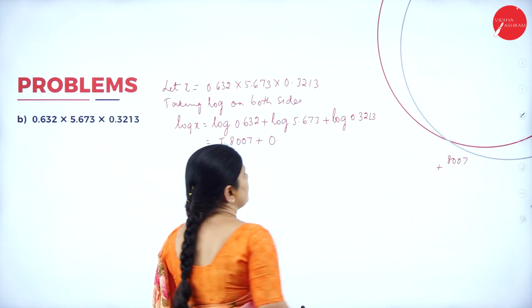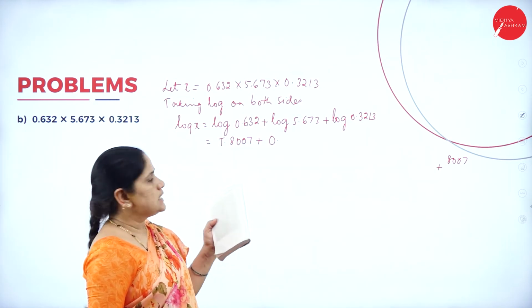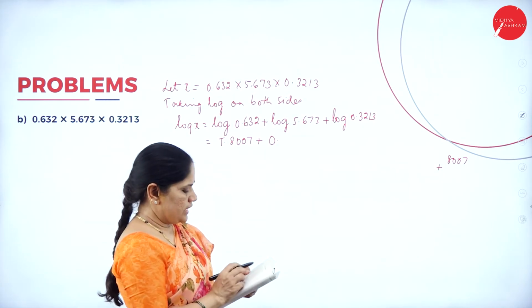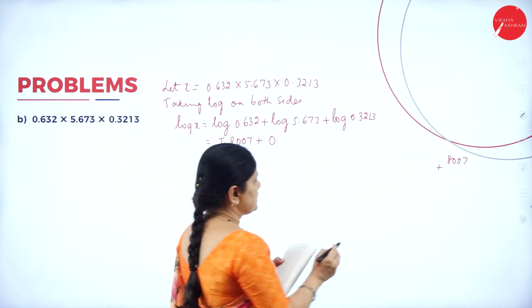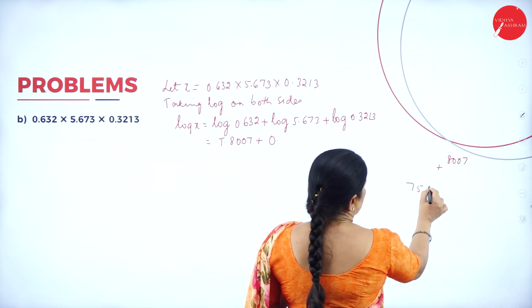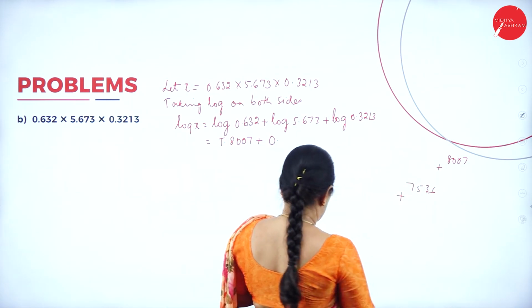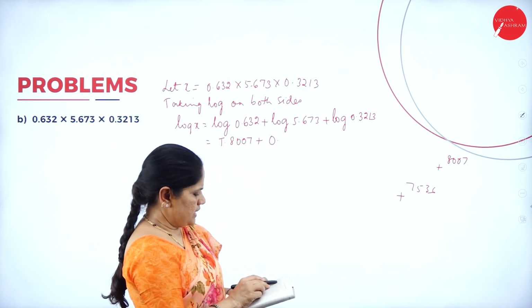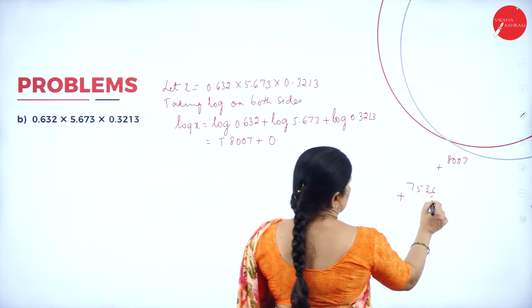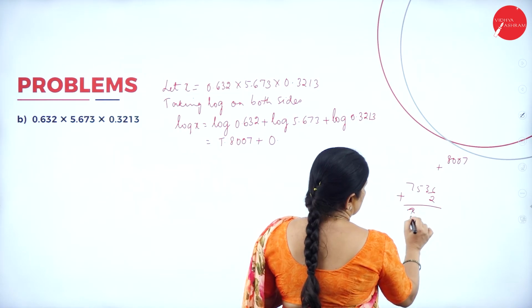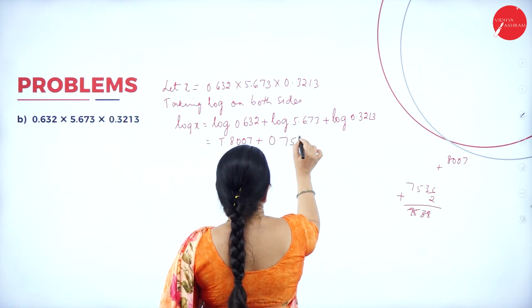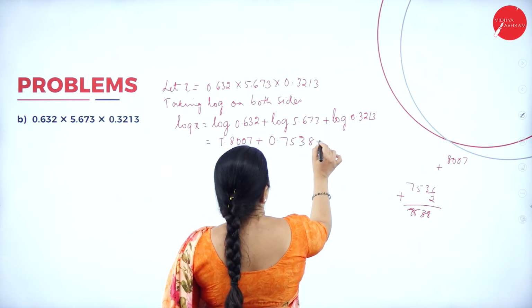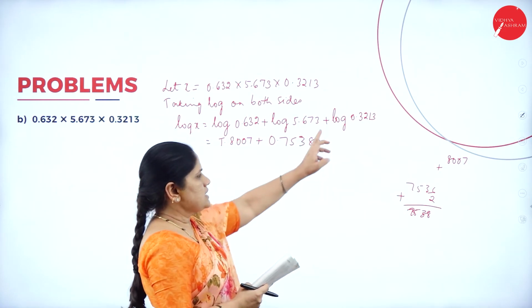Now we find the log value of 5.673. That will come up to 7536 plus 2, so it comes up to 7538.